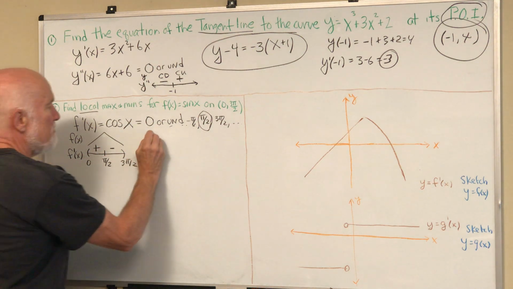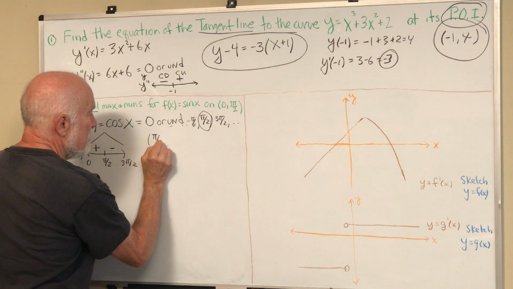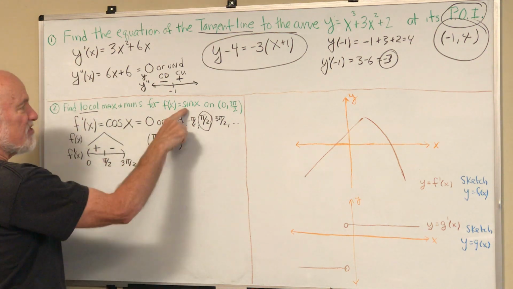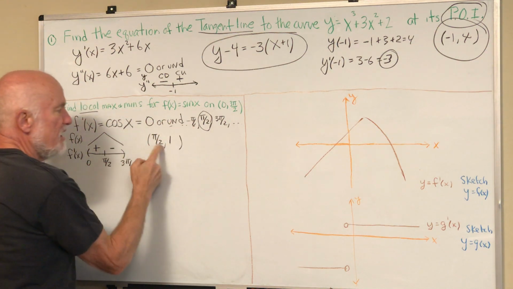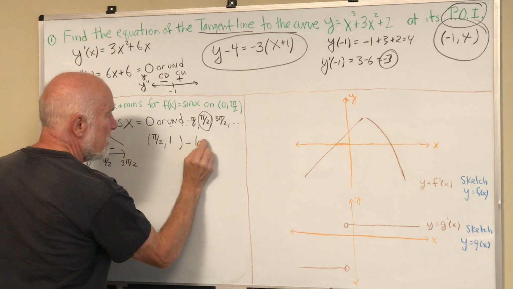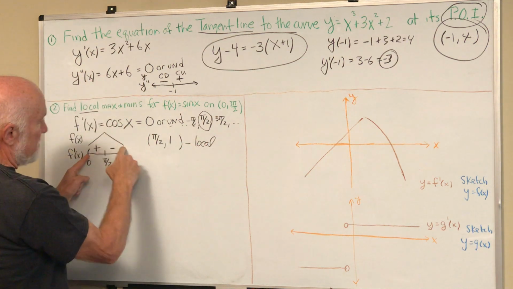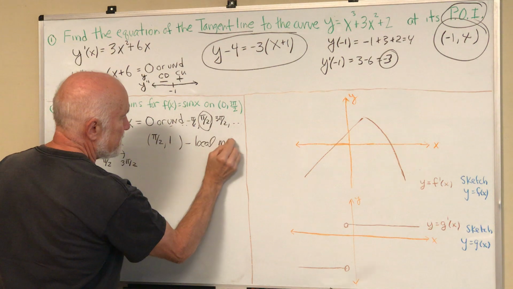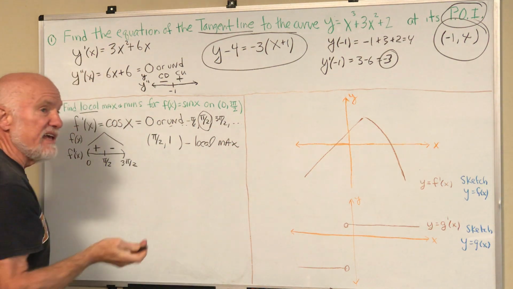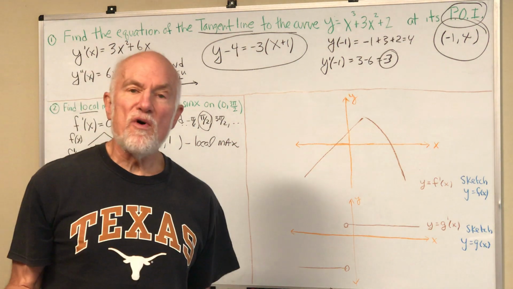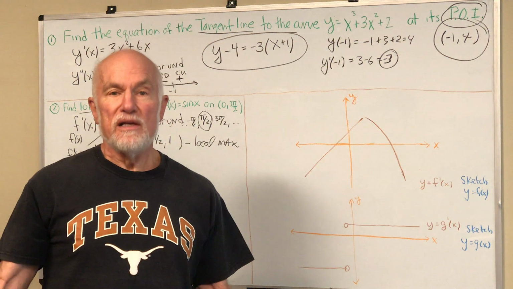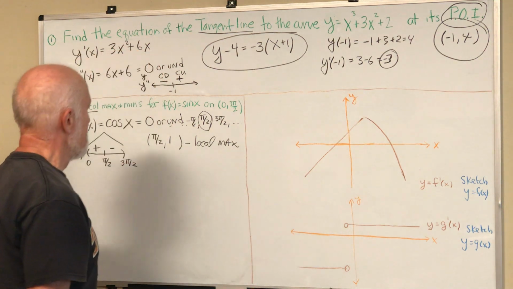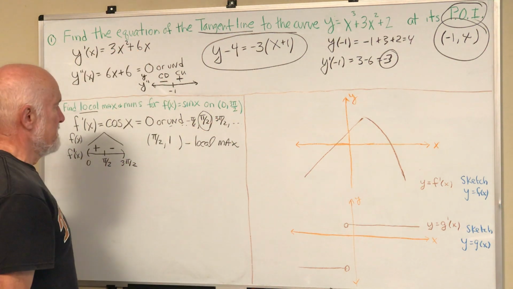So we know at pi over 2, and the sine of pi over 2 is 1, so at that point we have a local maximum. And since that was the only critical point, there are no local minimums in that interval.